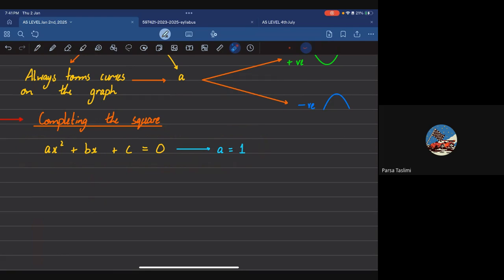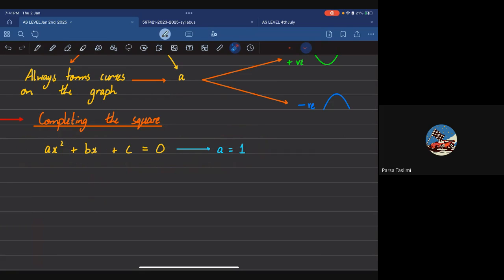Now, for example, let's just say the coefficient of x squared is, let's say, 2. We will not progress with completing the square unless the coefficient of x squared is equal to 1.